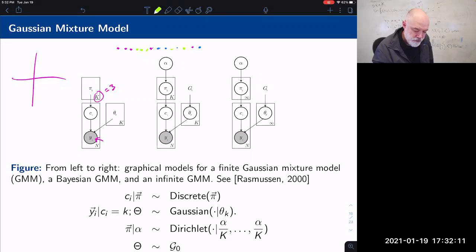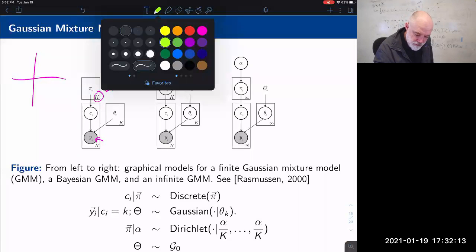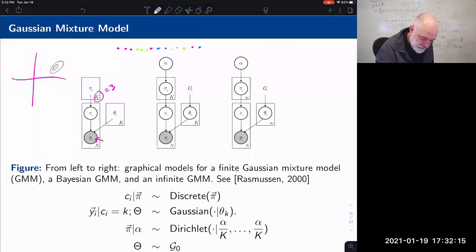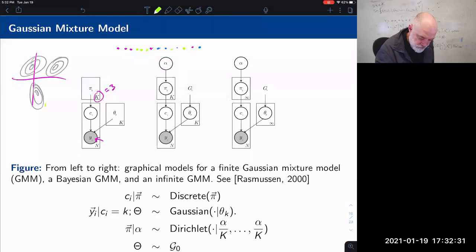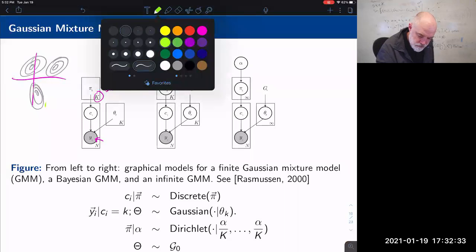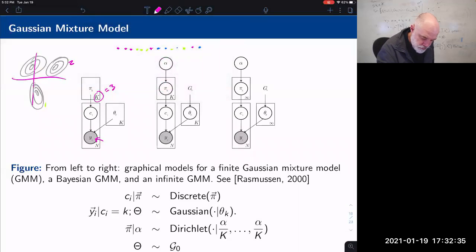And then for every class, let's assume that there is a distribution in space corresponding to clusters 1, 2, and 3, which then takes these points.